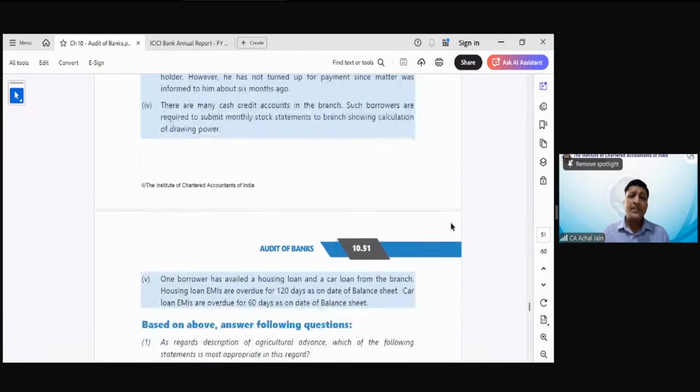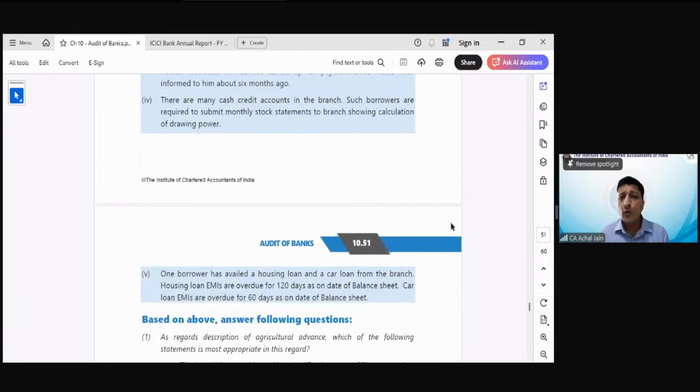Next, there are many cash credit accounts in the branch. Such borrowers are required to submit monthly stock statements to the branch for the calculation of drawing power. Next, fifth observation. One borrower has availed a housing loan and a car loan from the branch.